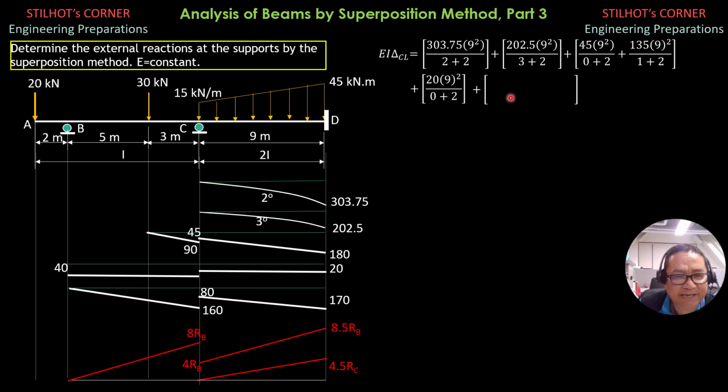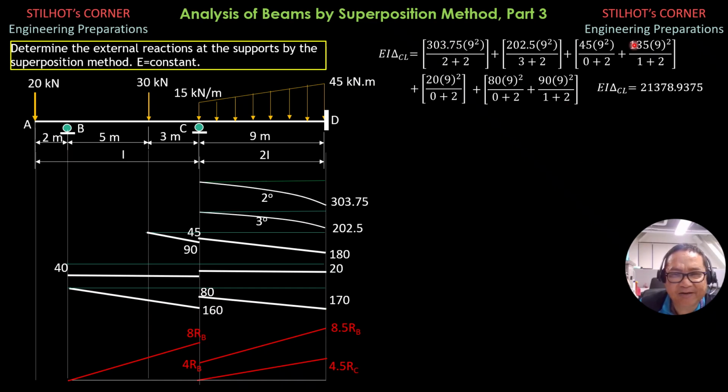So for the couple, 80 times 9 squared over 0 plus 2. And for the 170 minus 80 or 90 kilonewton meter moment, first degree, so 90 times 9 squared over 1 plus 2, which is that.